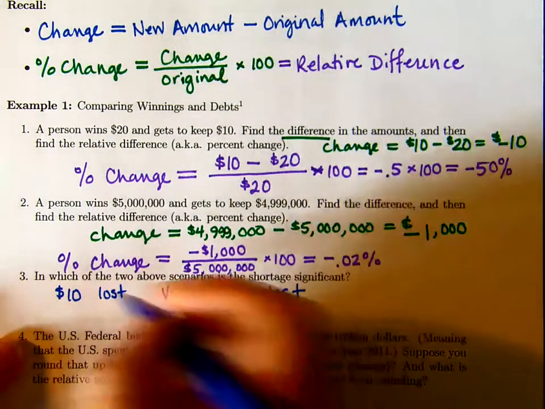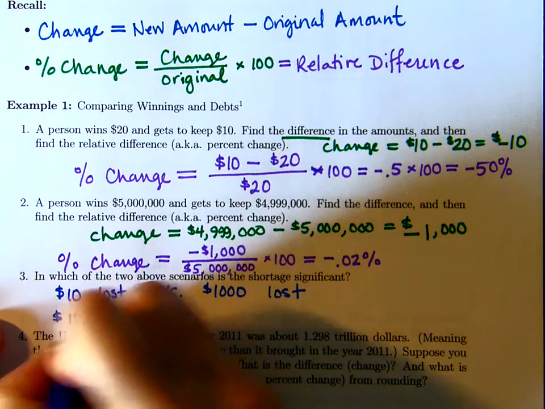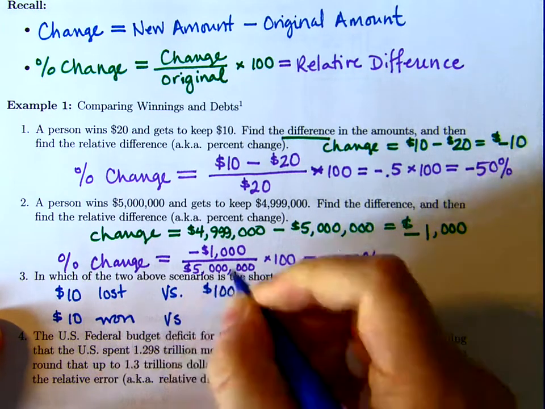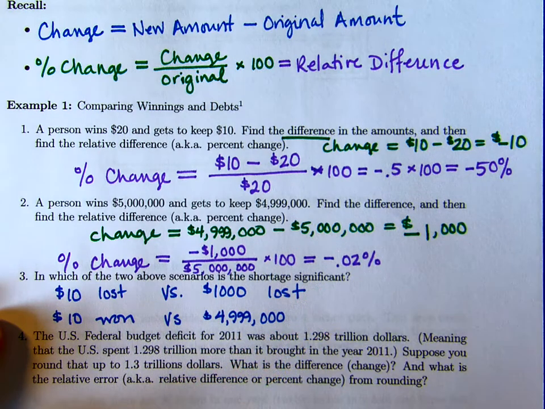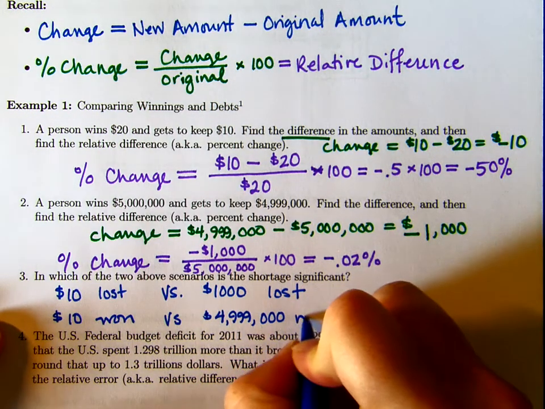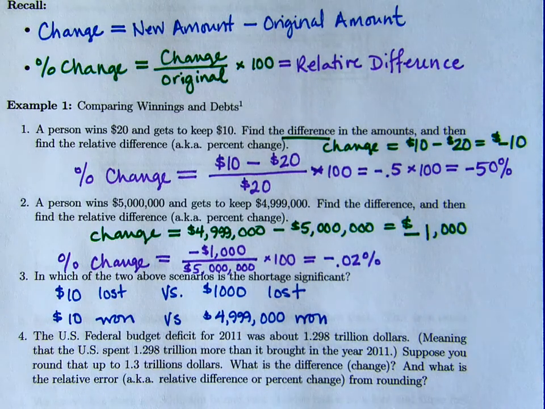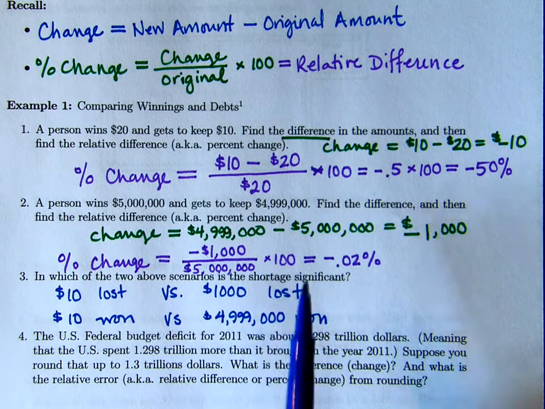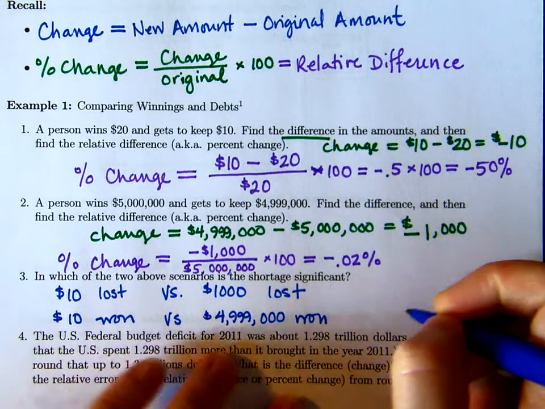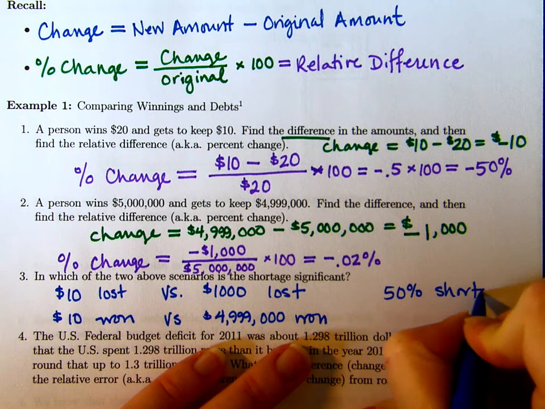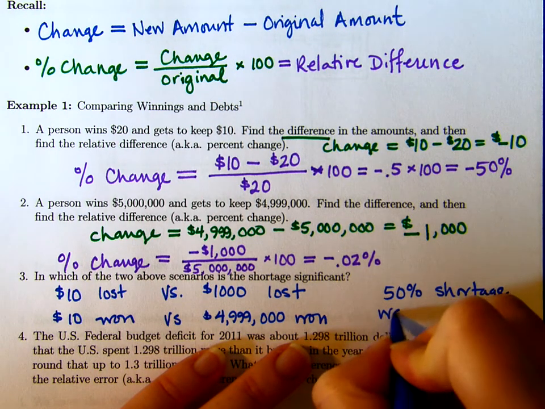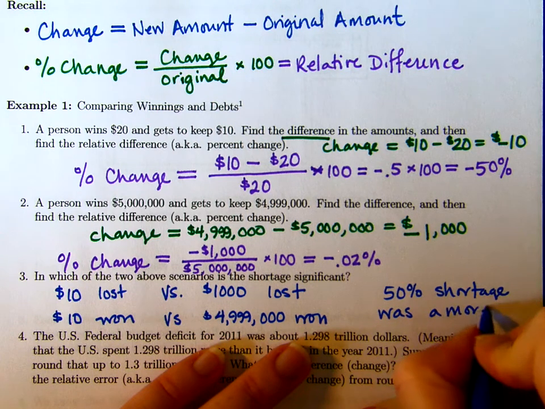So if I rewrite this as $10 won versus 4,999,000 won, that is a huge difference. So at the end of the day, in which was the shortage more significant? The 50% shortage was a more significant loss.